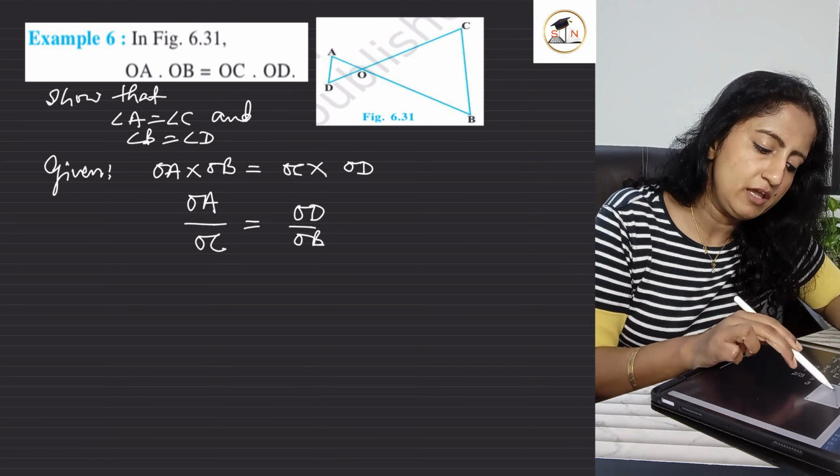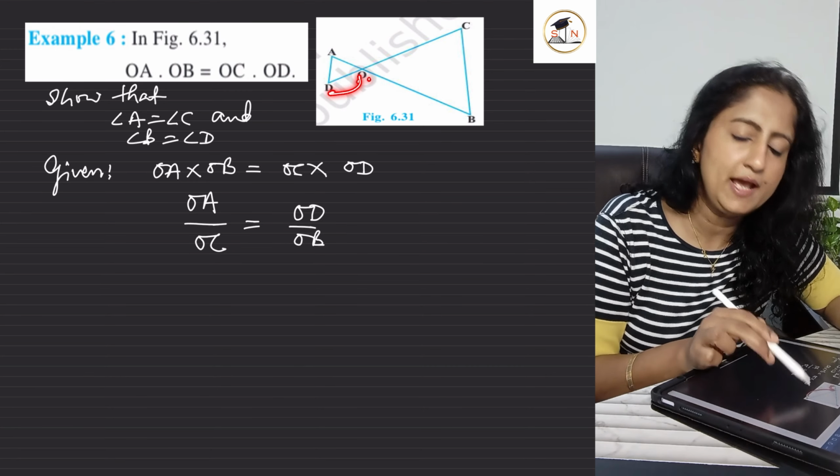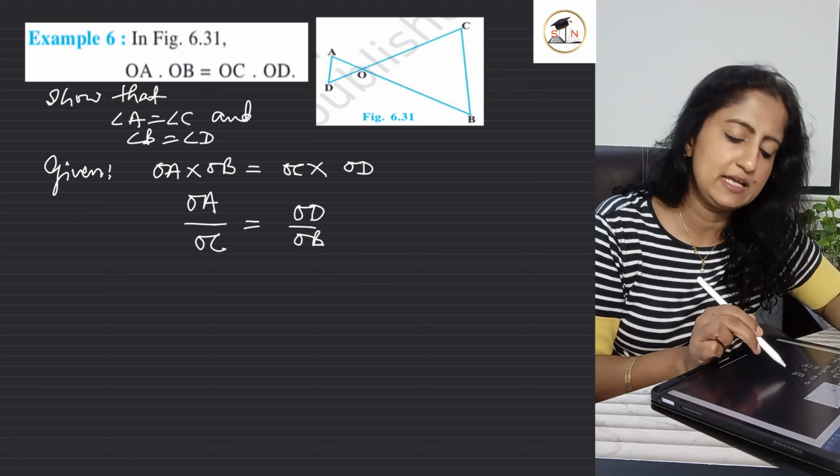And similarly, if OD is from the first triangle, OB has to belong to the other triangle. That is why I changed.